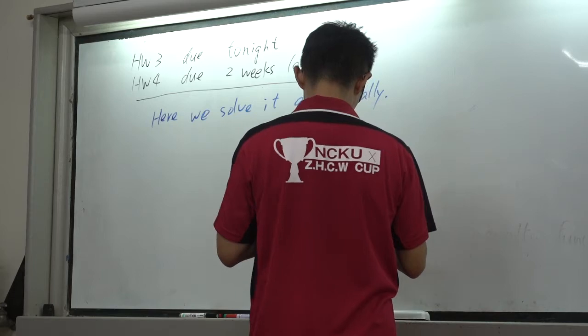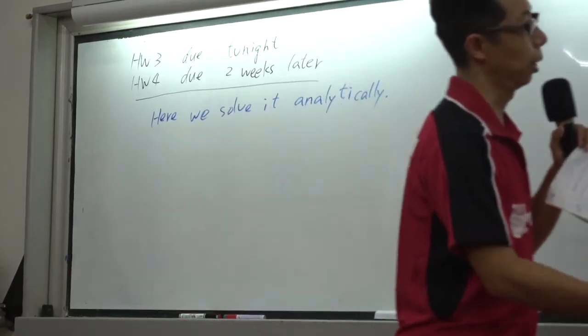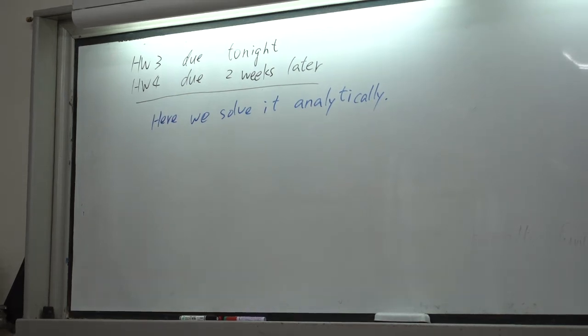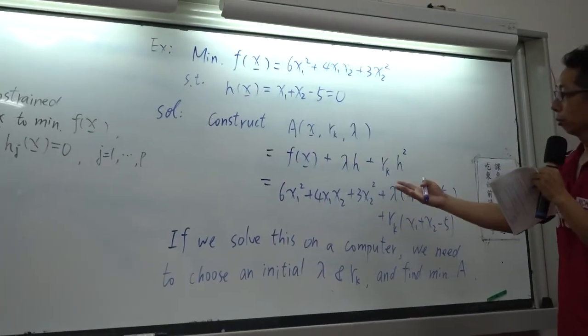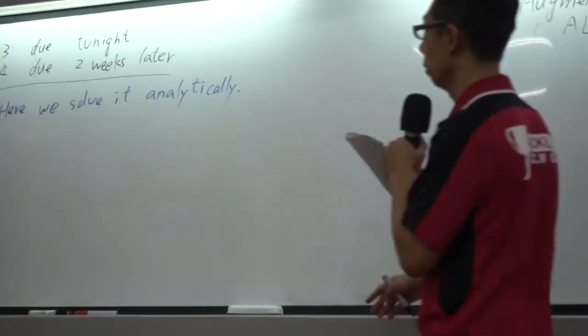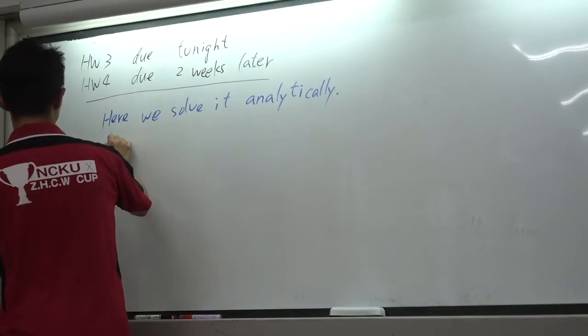So, what do you do? It's very clear that since lambda and Rk can be determined by us, the real variables are just x1 and x2. So let's just take partial derivatives with respect to x1 and x2, okay?